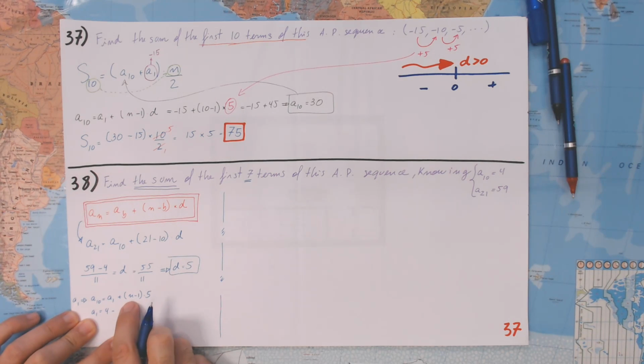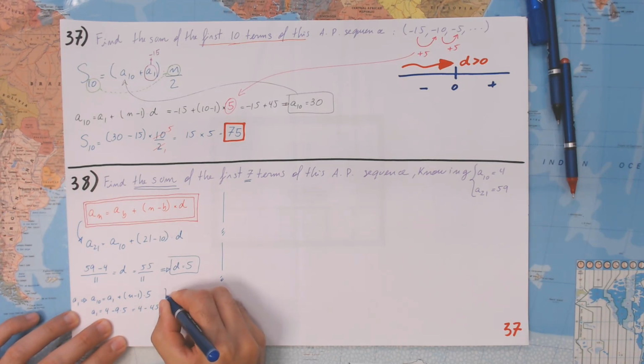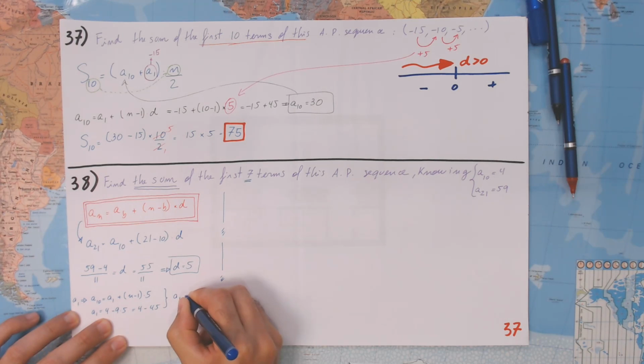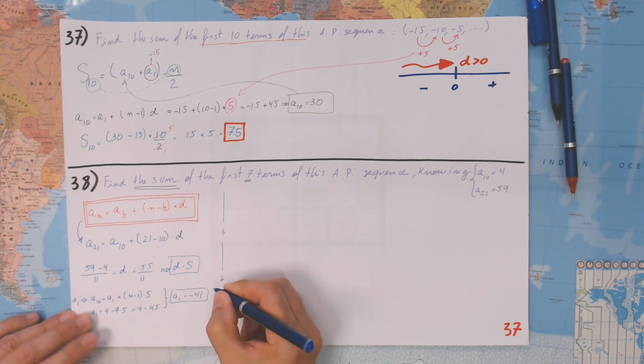N is 10, right? 10 minus 1 is 9. So this is 9 times 5. It's negative because we move it to the left. So this is 4 minus 45. That means that A1 is going to be minus 41.